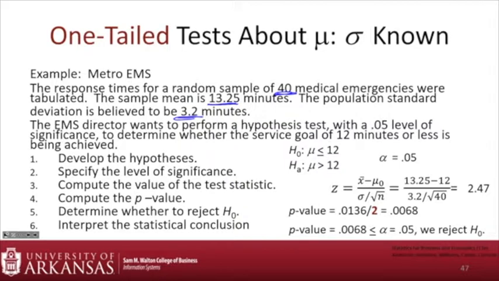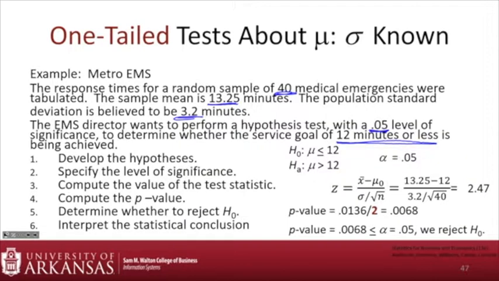The EMS director wants to perform a hypothesis test with a 0.05 level of significance to determine whether the service goal of 12 minutes or less is being achieved. So all of those numbers are going to be used somewhere.